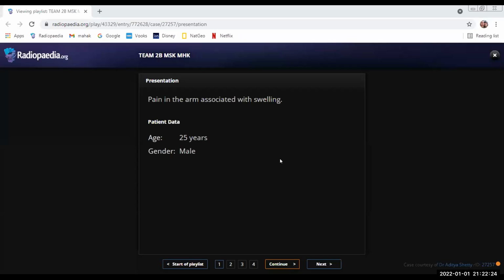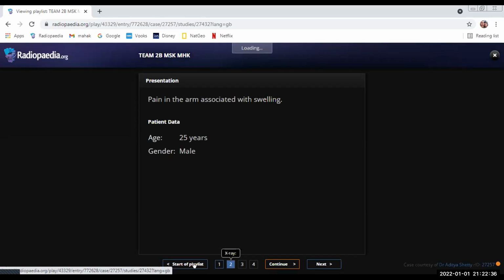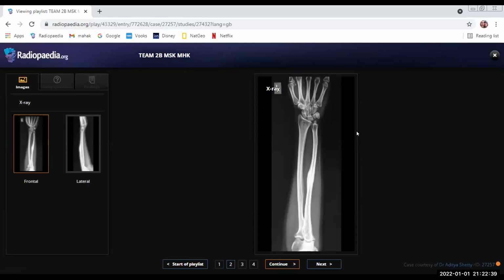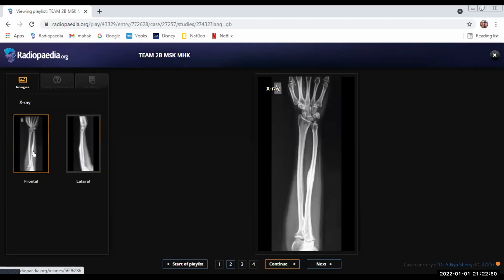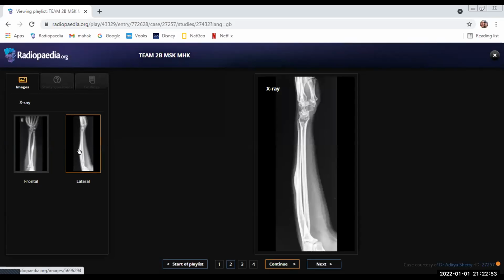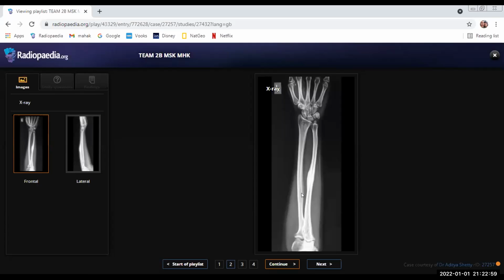Yes, okay. So pain in the arm associated with swelling, 25-year-old male. These are the AP and the lateral views of radius and ulna in a skeletally mature patient who has presented with pain and swelling. What I can see in my provisional finding is that there is cortical thickening in the mid-shaft region of the ulna.